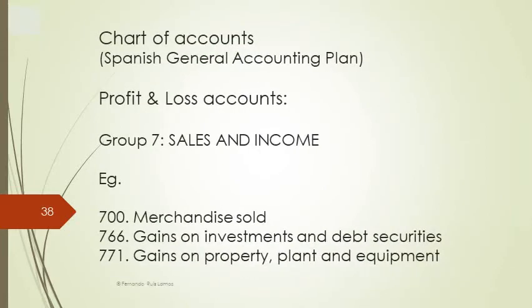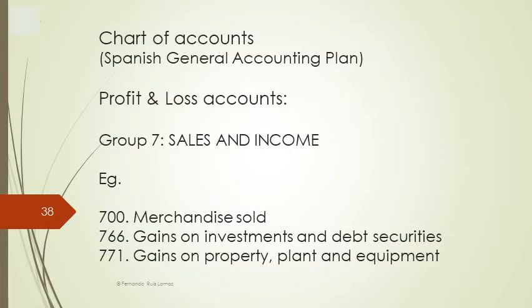As for Group 7 accounts examples, we can remark the account 700, merchandise sold, which stands for the price of transactions involving the outflow or delivery of goods and services forming part of the company's trade operations.